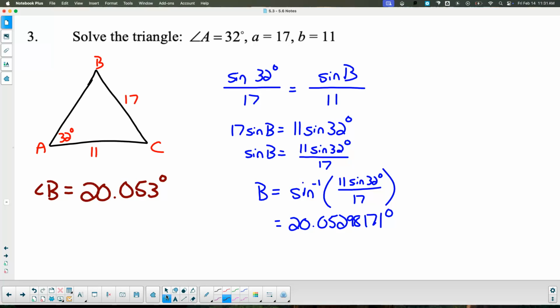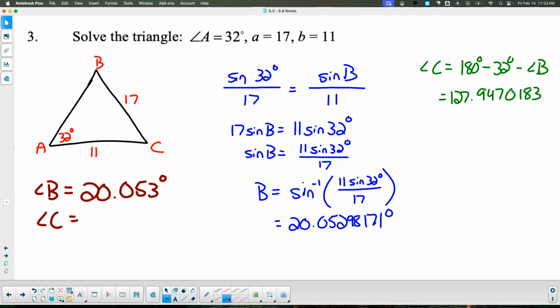When we find angle C, that's going to be 180 degrees minus 32 degrees minus angle B. So all I have to do is 180 minus 32 minus my answer, and I get here 127.9470183. So angle C here is 127.947 degrees.